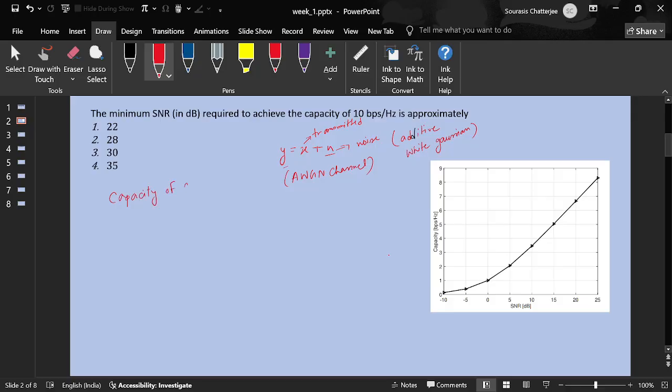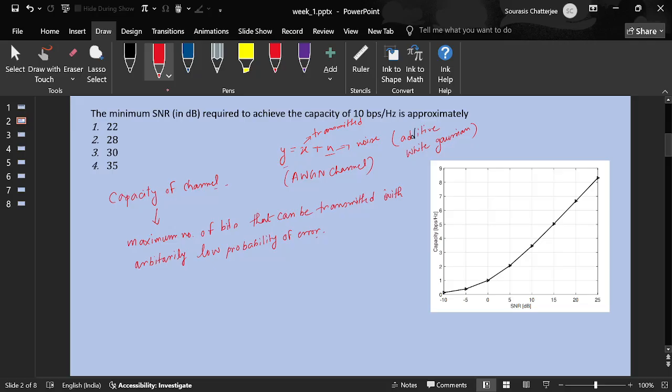Capacity of channel, it basically indicates the maximum number of bits that can be transmitted with arbitrarily low probability of error. So yes, you are correct about that, partially correct.